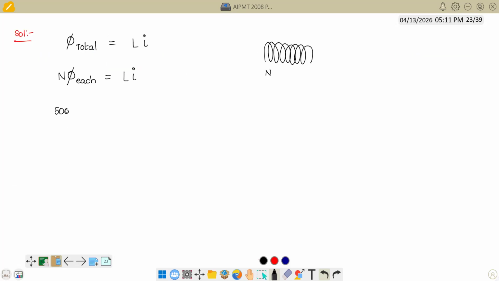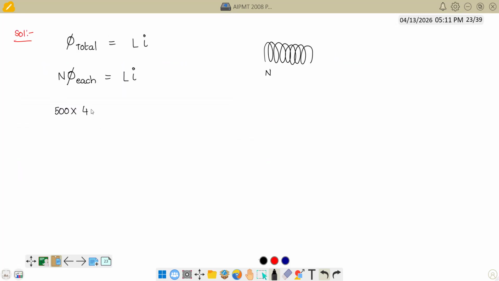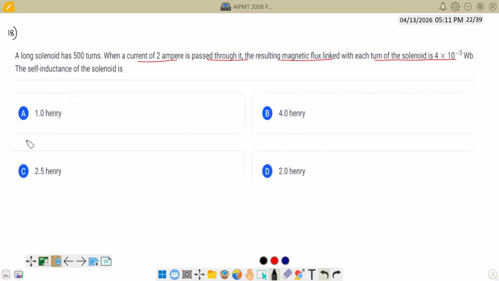So 500 into flux through each one, which is 4 into 10 power minus 3, is equal to L into I, where I is 2 amperes. So L would be 500 into 4 into 10 power minus 3 divided by 2, which is equal to 1 Henry. So the answer for this would be 1 Henry.